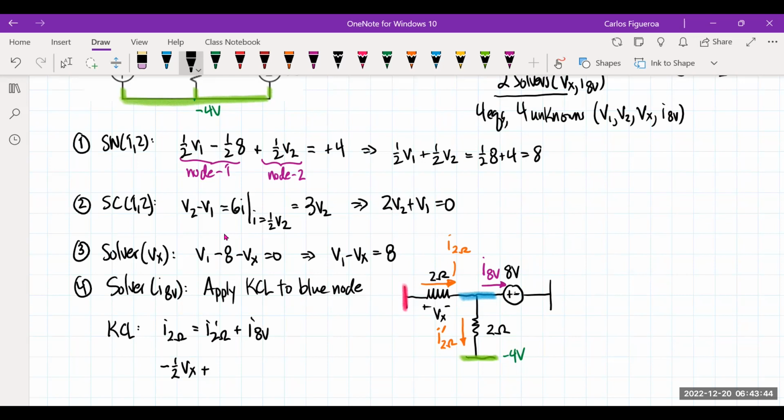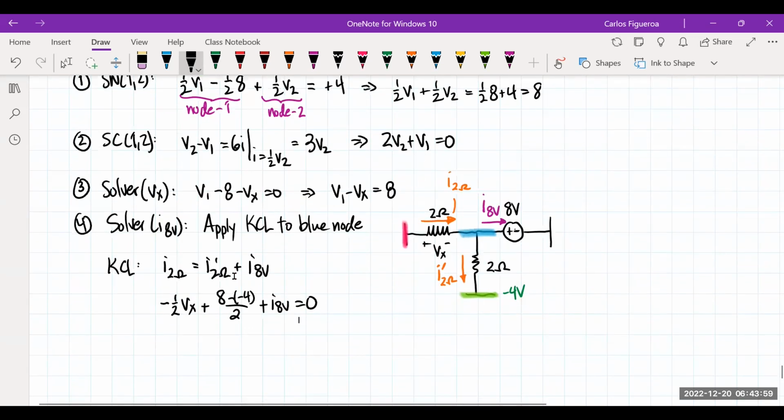So if I look at the I prime, it should be 8 minus 4 divided by 2 plus I 8 volt, and that has to equal 0. If I clean this up a little bit, I'm going to get 1/2 Vx minus I 8 volt equals 6.